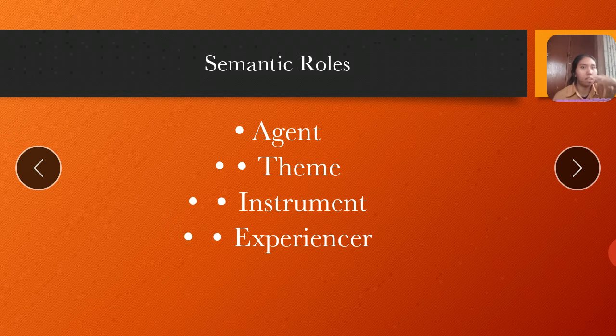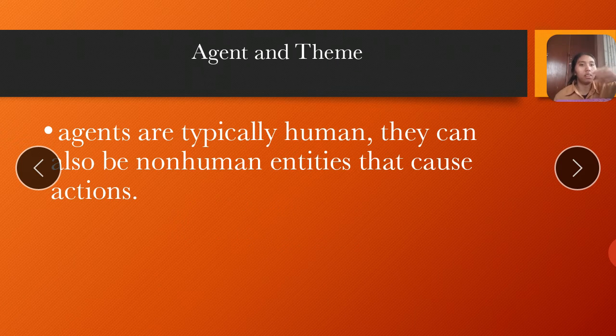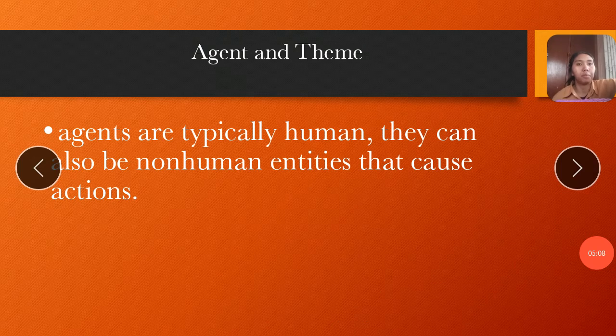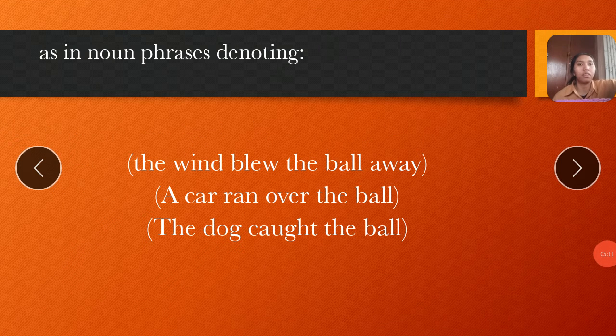We can identify a small number of semantic roles for these noun phrases. The first ones are agent, theme, and instrument. The agents are typically human. They can also be non-human entities that cause an action.